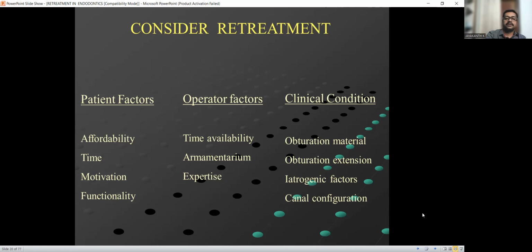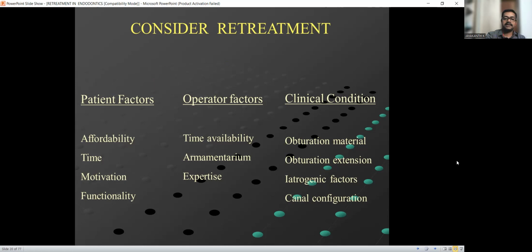Then motivation. It is better to go for a retreatment only if the patient is motivated for the retreatment in the right way. And next, the functionality. If the tooth is not going to be functional, there is no point in going for a retreatment.